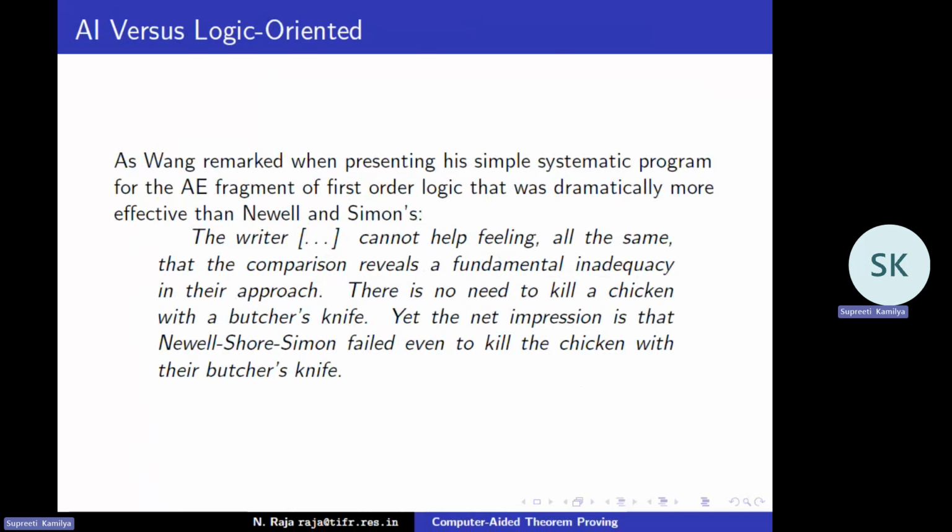He says that there is a fundamental inadequacy in the approach of Newell, Shaw, and Simon, which tries to mimic humans with a computer. He says you don't need to kill a chicken with a butcher's knife, and Wang's impression is that this work of Newell and Simon fails even to do that.